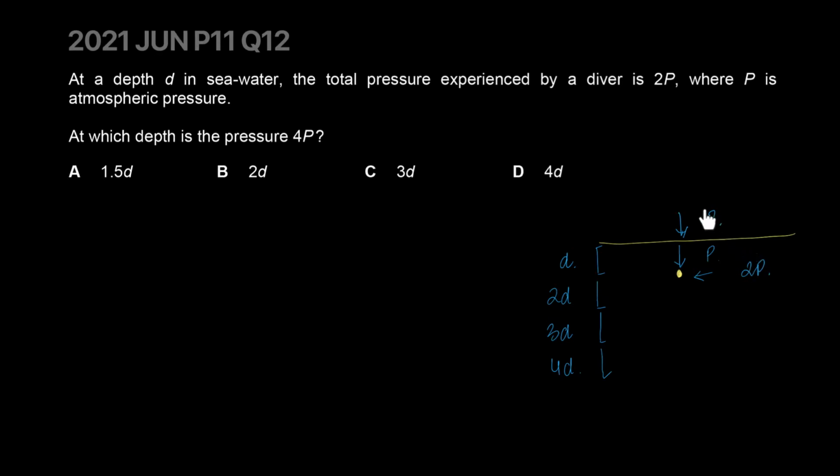So combined, it's 2P: P over here, P over here. If he was over here, let's mark that down in a dotted position, he would experience a pressure of 3P. And over here, he will experience a pressure of 4P. The question is asking, at which depth is the pressure 4P? Well, it's going to be at 3D.